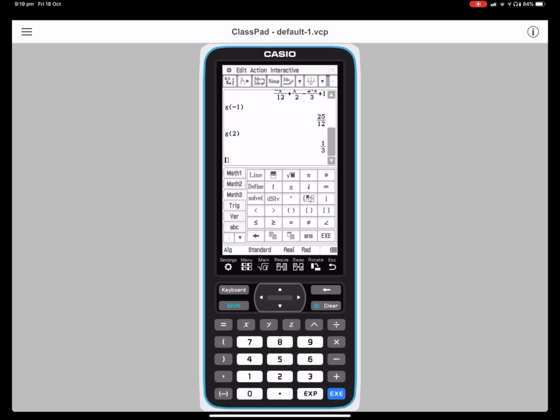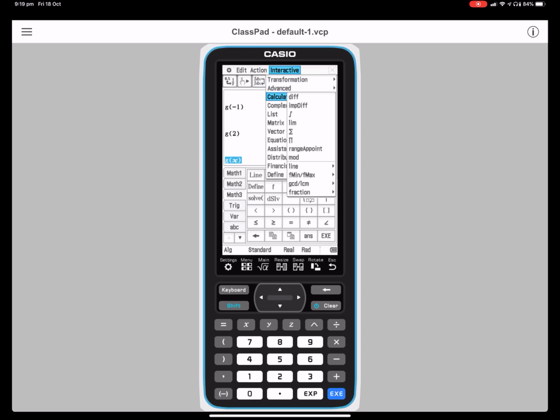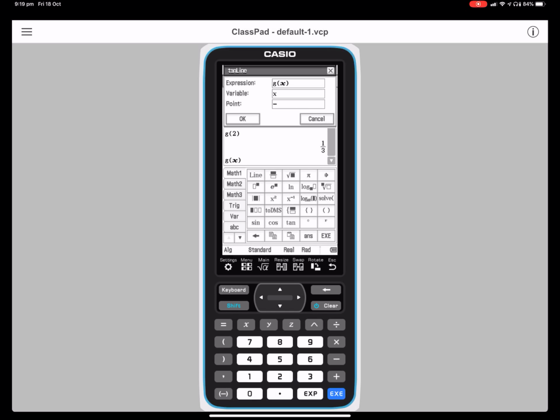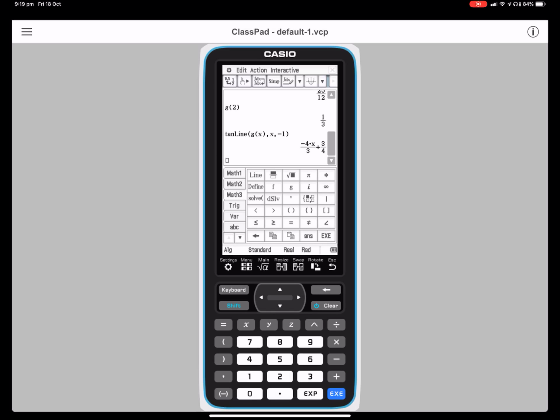Actually, let's find the equation of the tangent at -1. And then see when that's equal to the other graph, the normal at 2.